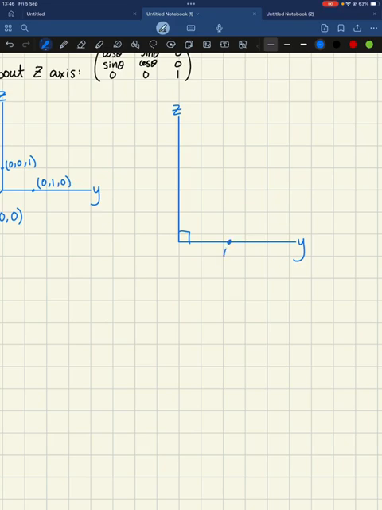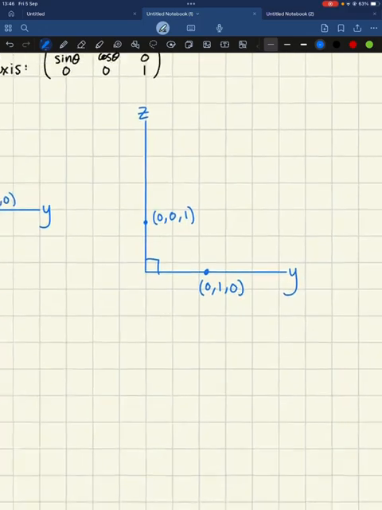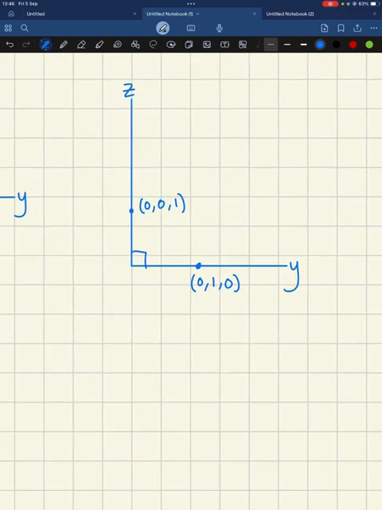Now this point, 0, 1, 0, and this point, 0, 0, 1. Now, we're rotating about the x-axis, so imagine we rotate this point so it goes to over here. We'll draw our transformed vector that has a modulus of 1 still, and we've rotated it by angle theta.